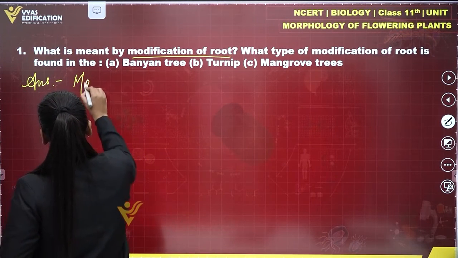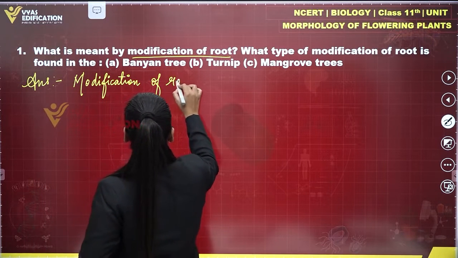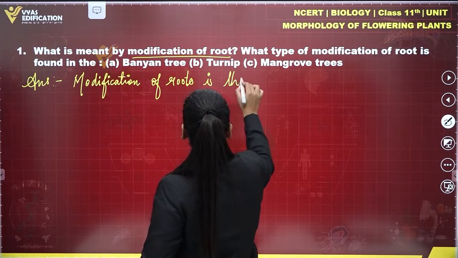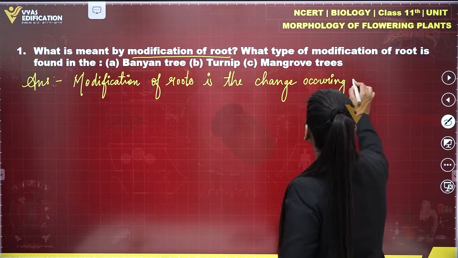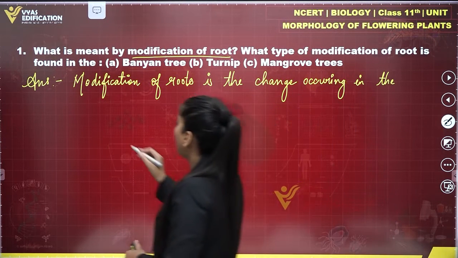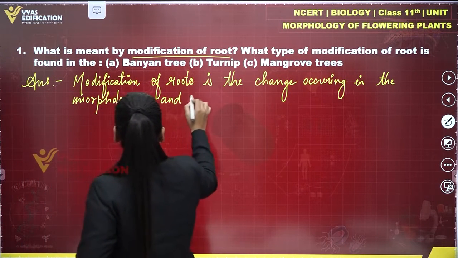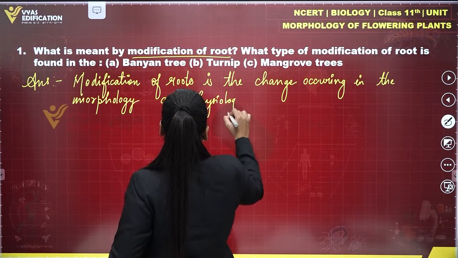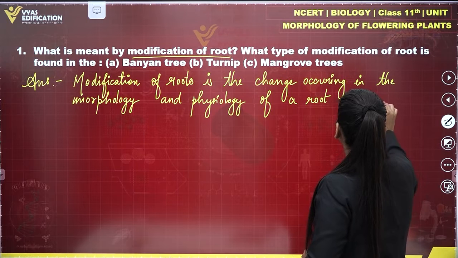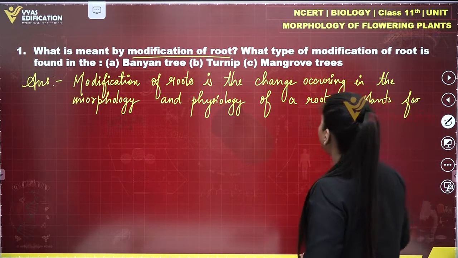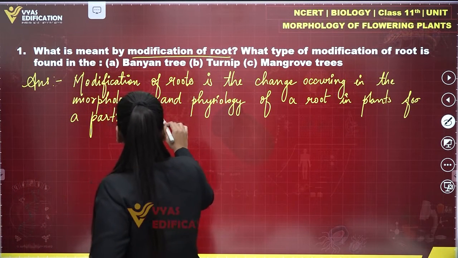So, modification of roots is the change occurring in the morphology and physiology of root in plants for a particular adaptation.